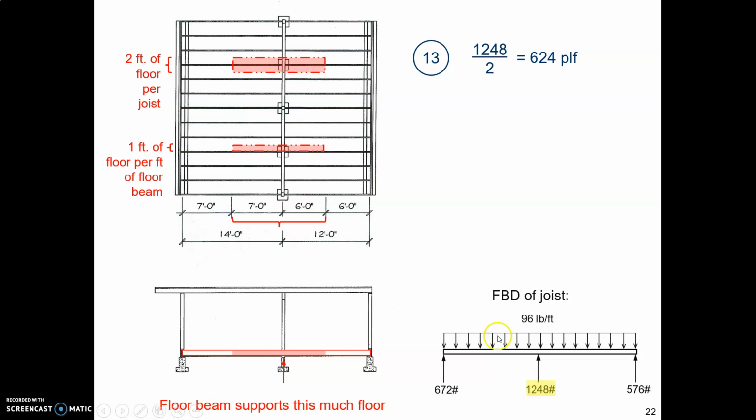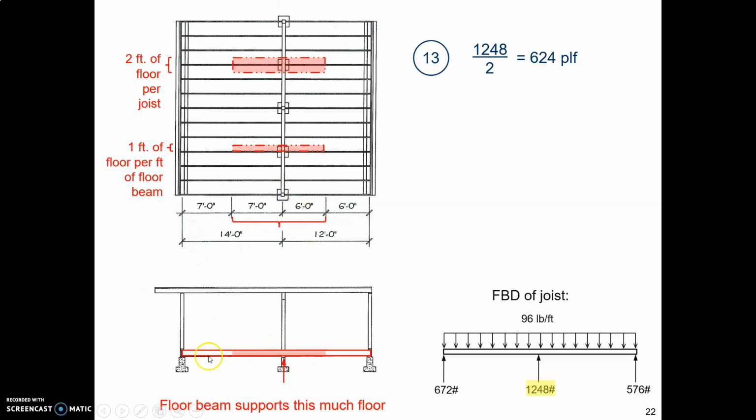Here at the bottom of the slide is a repeat of the free body diagram of the joist that we did earlier. And let me just point out again, here's the joist in the lower left corner of the slide. It's at right angles to the floor beam, which is in the upper corner of the slide.